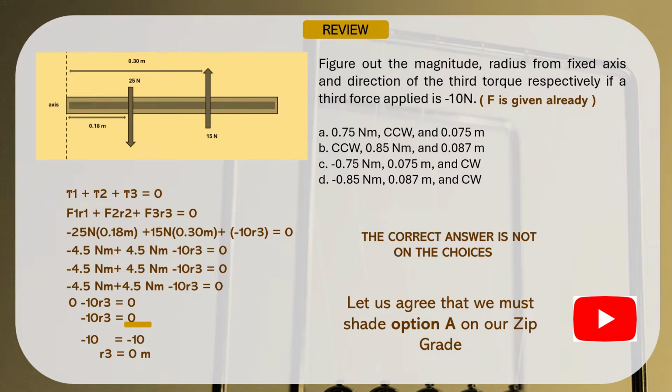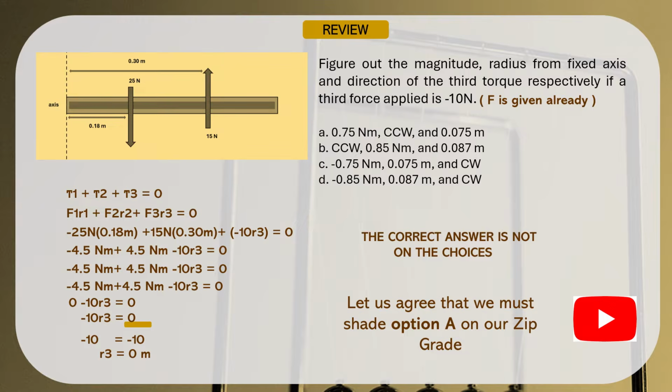This item in your exam, as I noticed, there's something wrong with the question. Using this figure here, and the calculations below, we get the torque and radius of the third force being added in our system.